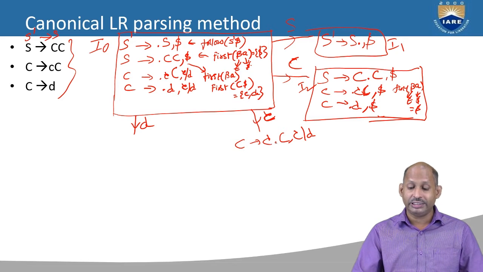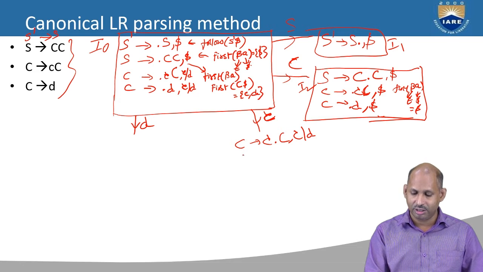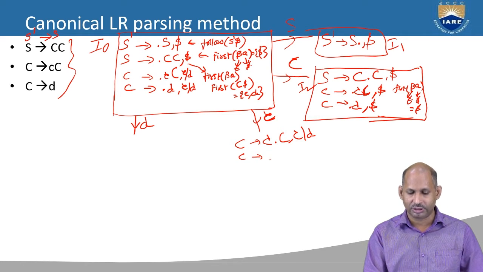Now C dot followed by variable C. Then you must add the C productions.